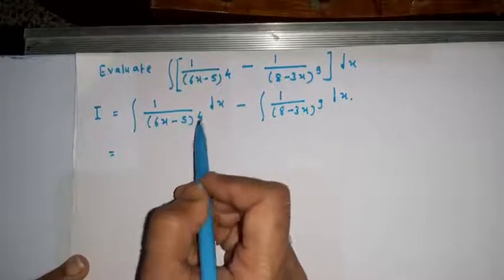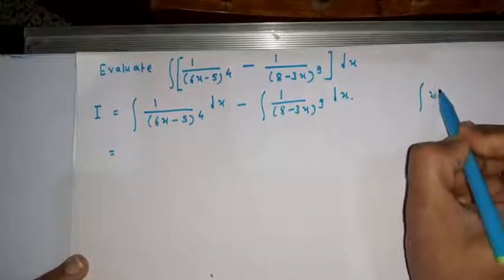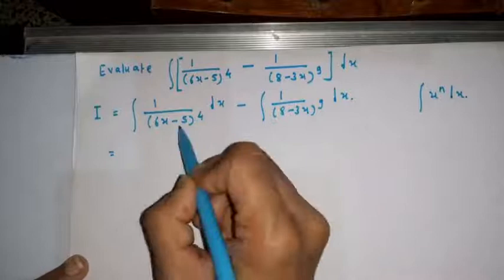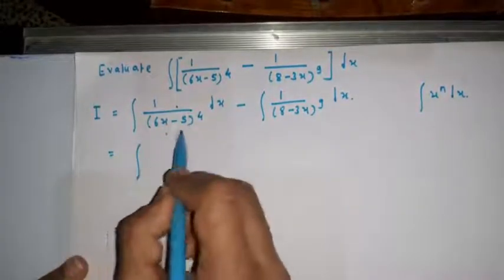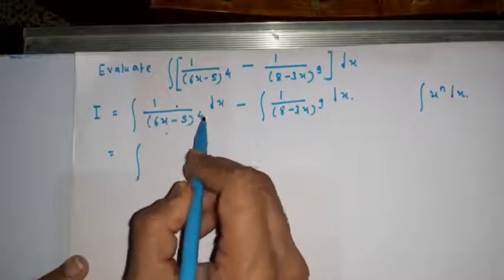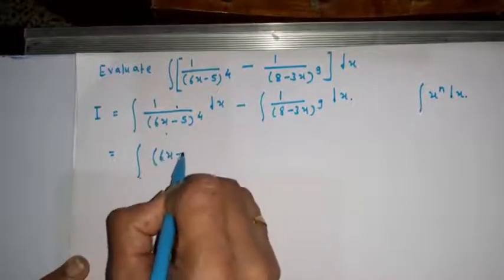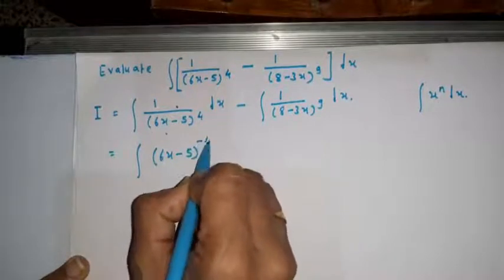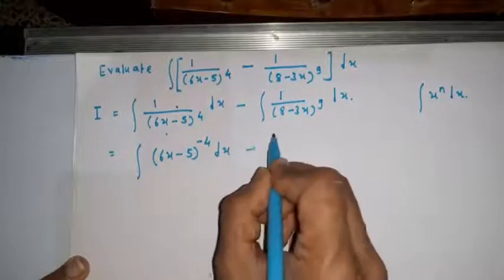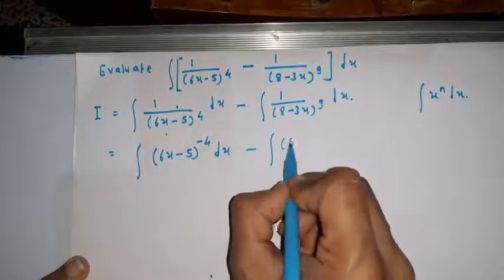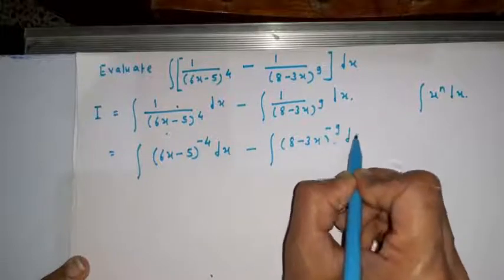We can use the formula for the integration of x raised to n with respect to x, but we should shift the term to the numerator. To shift the term to the numerator, its index 4 becomes minus 4. That is, (6x minus 5) raised to minus 4. Shift the term to the numerator.